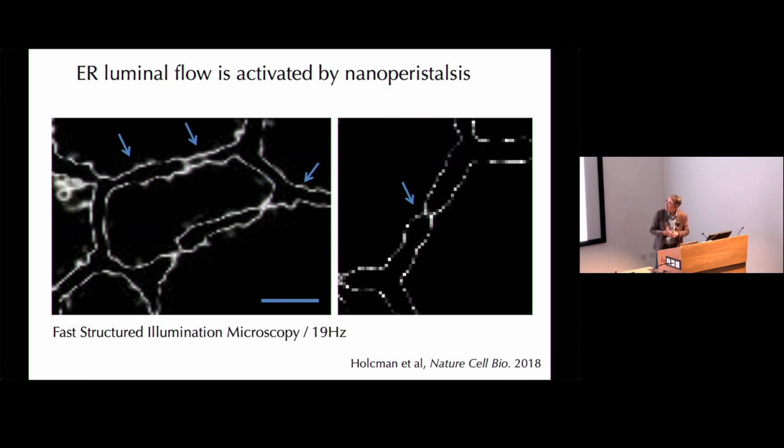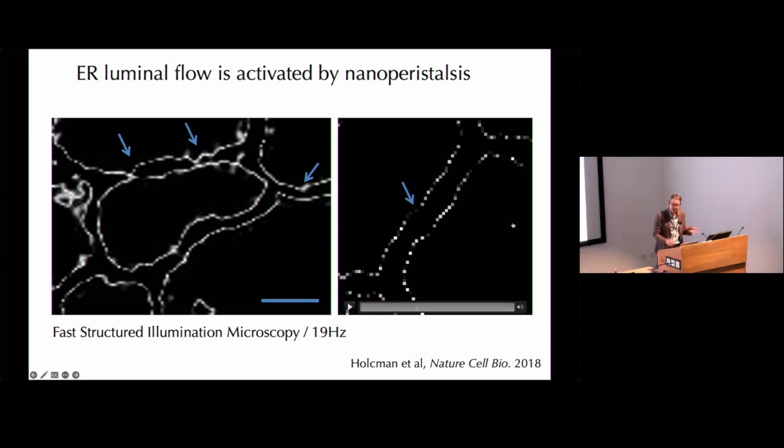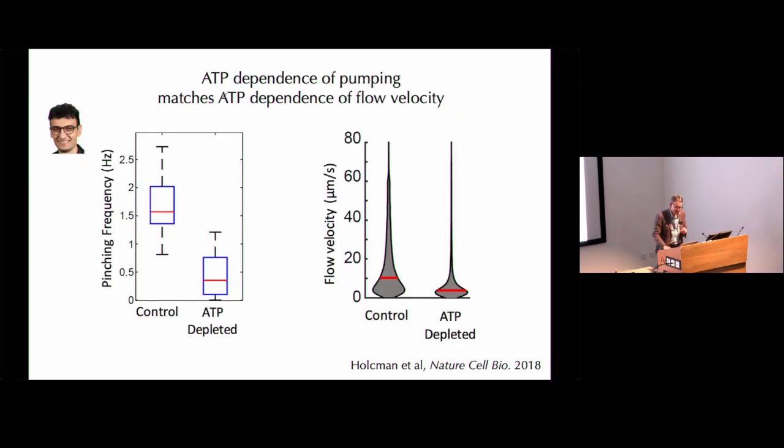This was really puzzling to us. This was not known before. You see this all over the network, in fact, in lots of different cell types. And what's more interesting is that this pinching is ATP dependent, it's energy dependent. If you deplete ATP in cells, you can see that the frequency of these pinching events goes down. So it's clearly an actively controlled process.